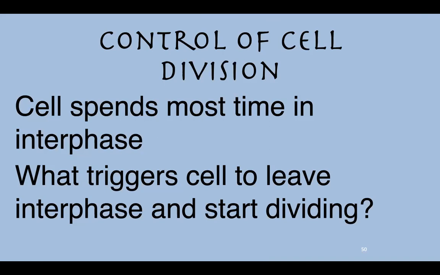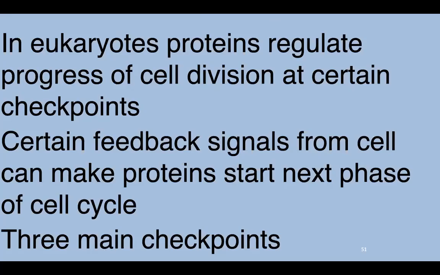So cells spend most of their time in interphase. The question is, what triggers the cells to start dividing? In eukaryotes, the regulation comes from proteins. There are specific proteins that are made whose only job it is to check to make sure that the cells, one, are healthy enough, two, they're big enough, three, they're mature enough that they are basically ready for division.